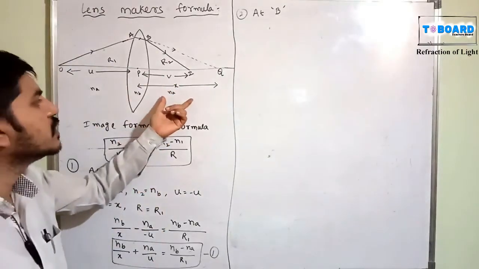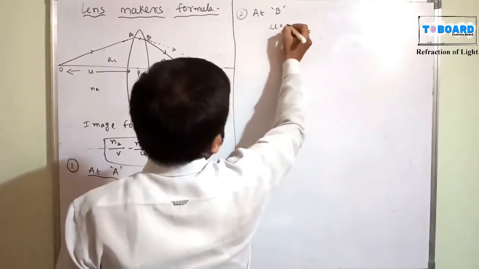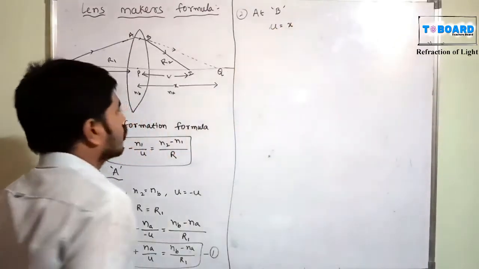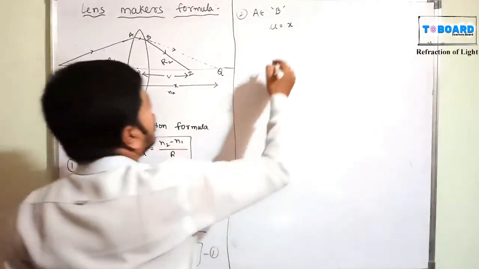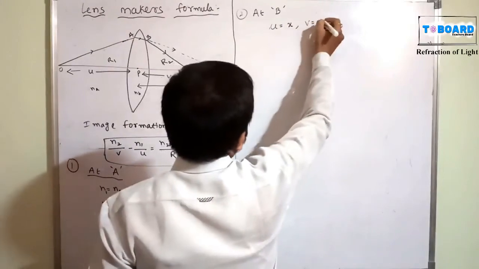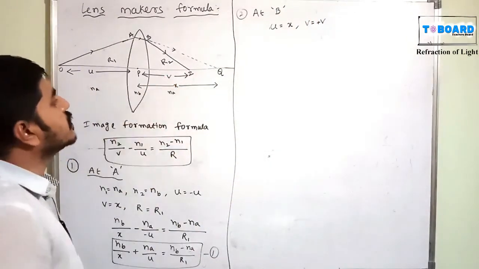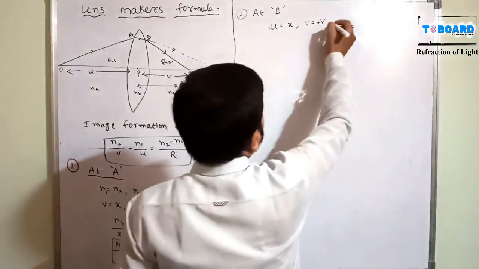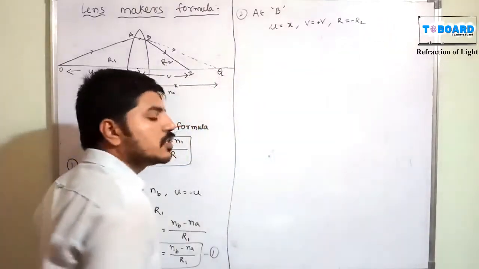Now I will consider X as the object position, so U becomes X. The V value should be V only, plus V only. And here R is equal to minus R2, the radius of curvature is negative.